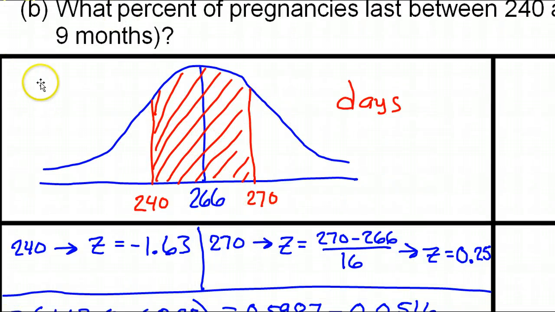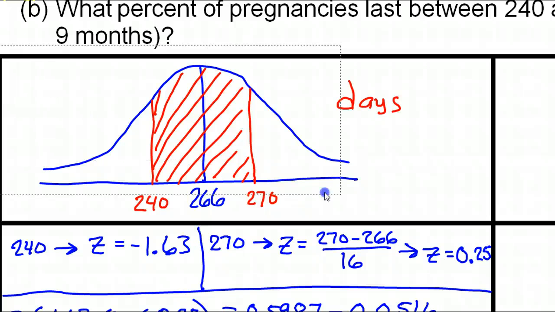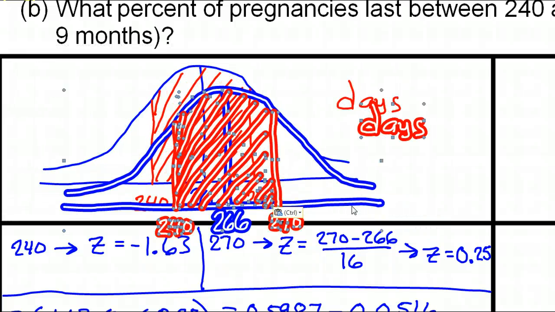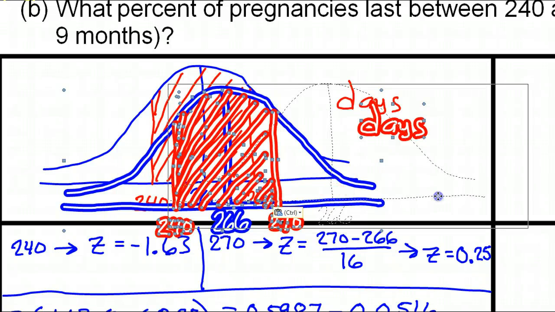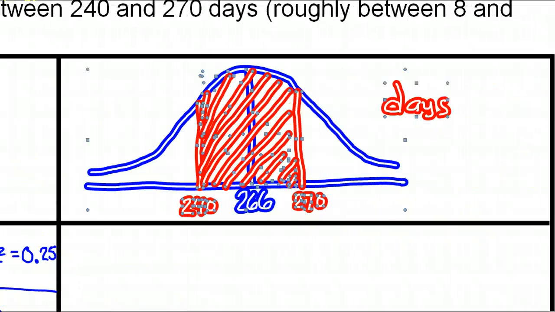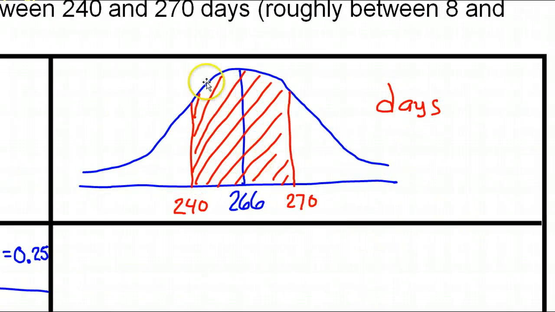Let me see if this is going to work, because it really should be the same picture, just with a couple of changes. We're not doing days. We're doing z-scores. So make that change.